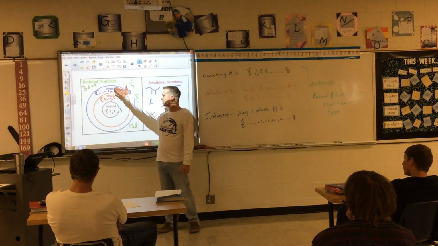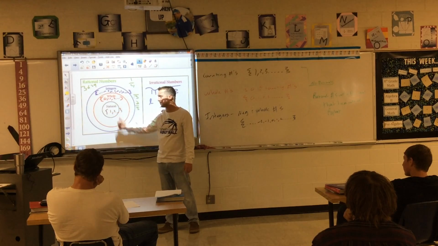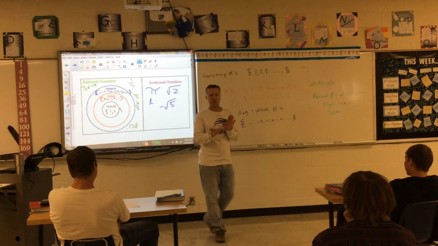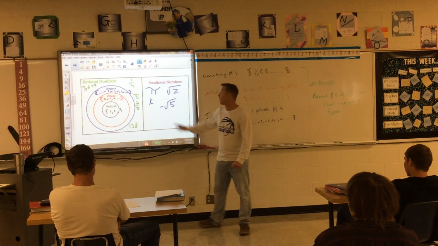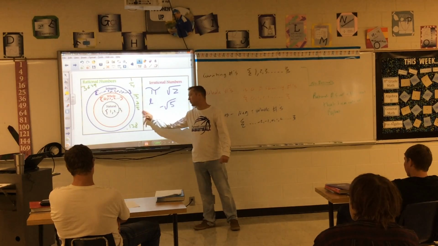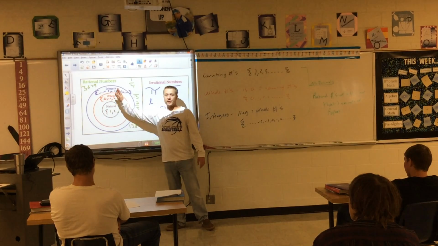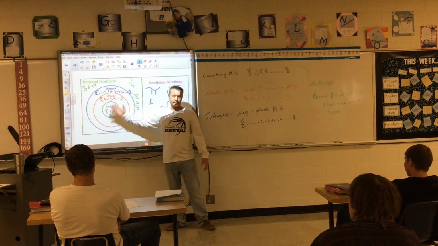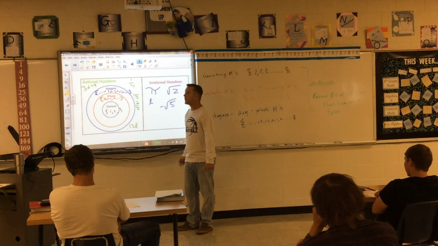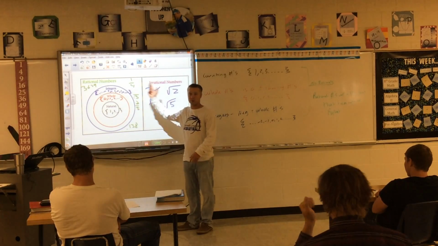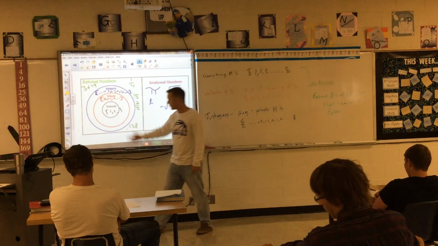Yes. And not all integers are natural numbers. So you can go back and forth from there. Rational numbers and irrational numbers are the only ones that are going to give you decimals. Technically, these all have decimals, but they're all 0.0. Any questions about these subsets of numbers? No. Okay.